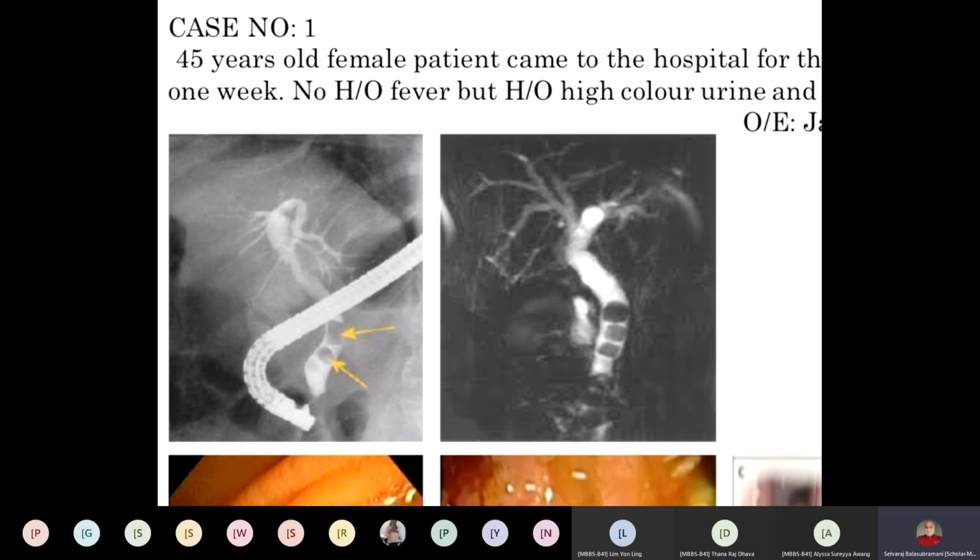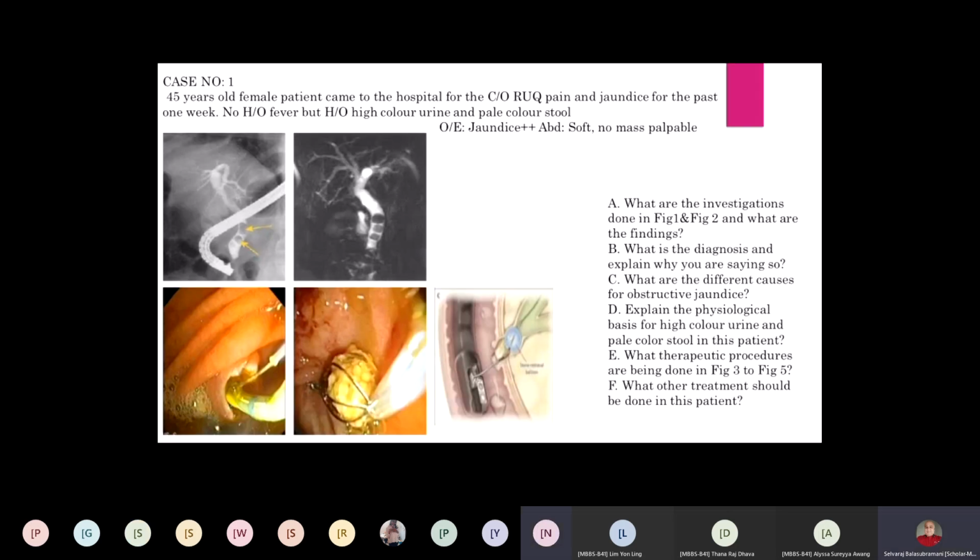Okay, what is your diagnosis now, and why are you saying so? Choledocholithiasis. Okay, fine, good. Why are you saying it is choledocholithiasis? In this case, we see the stones in the biliary tree, and also there is no fever.